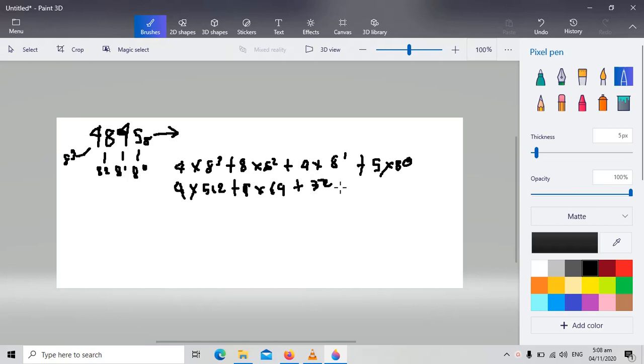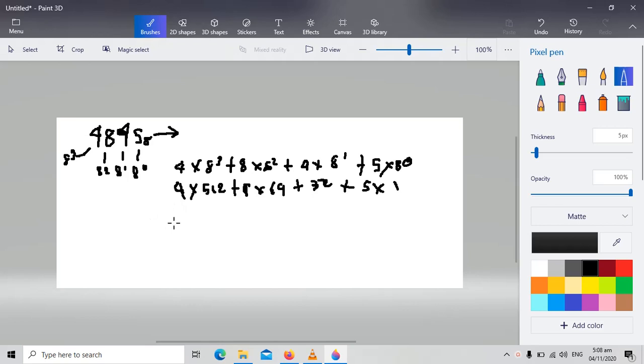Four times 8 is 32, right. Plus 5 times 1. Alright, so we will solve this.